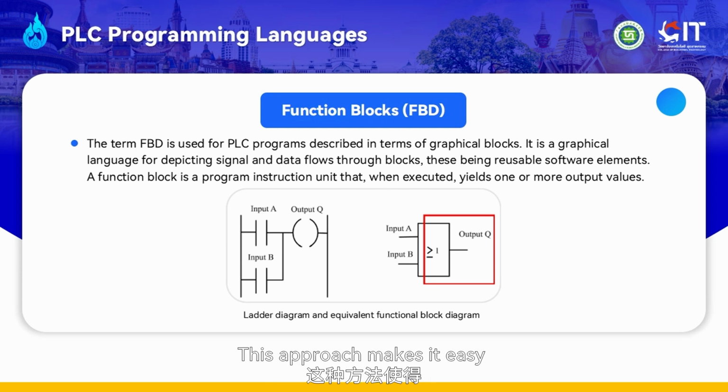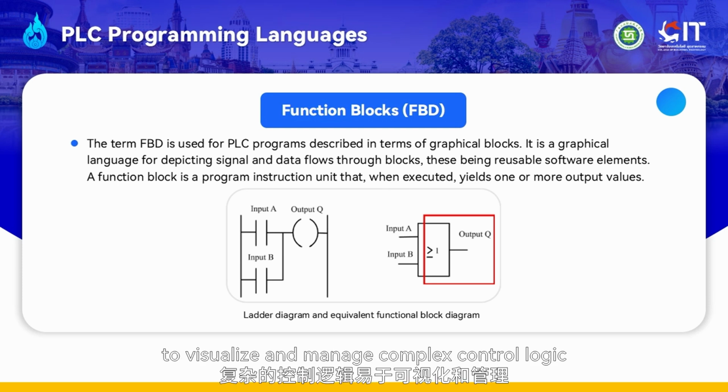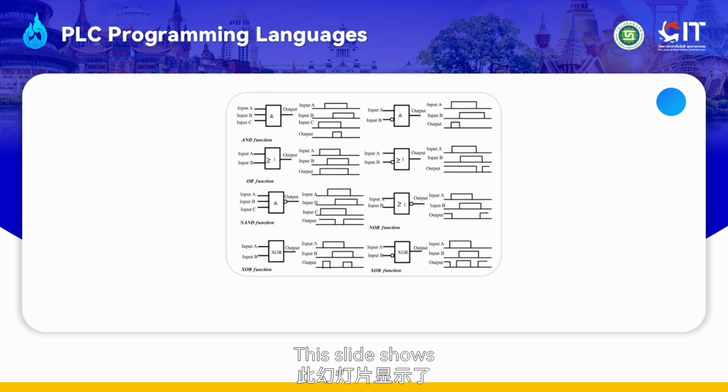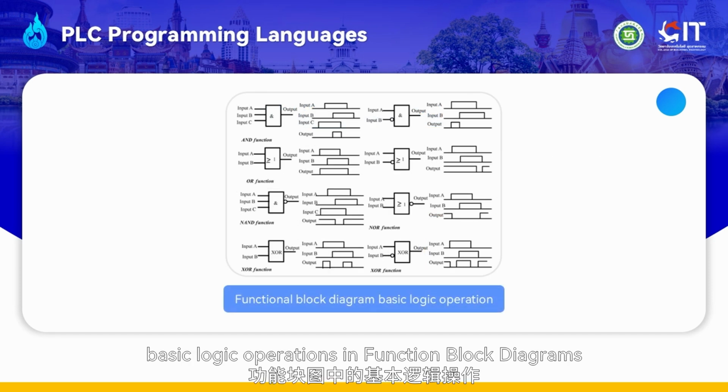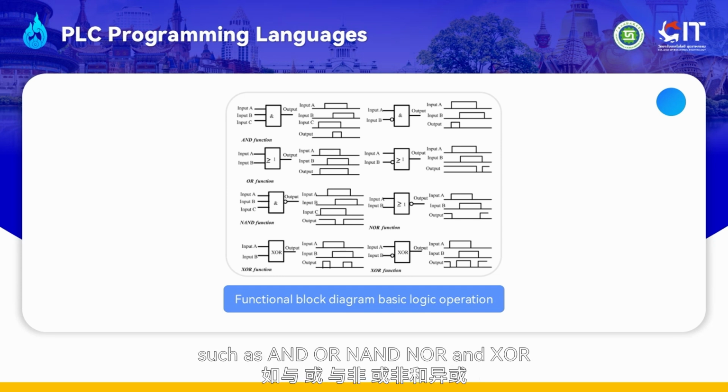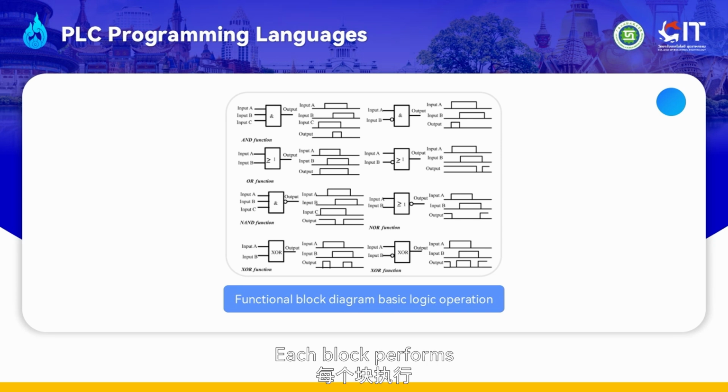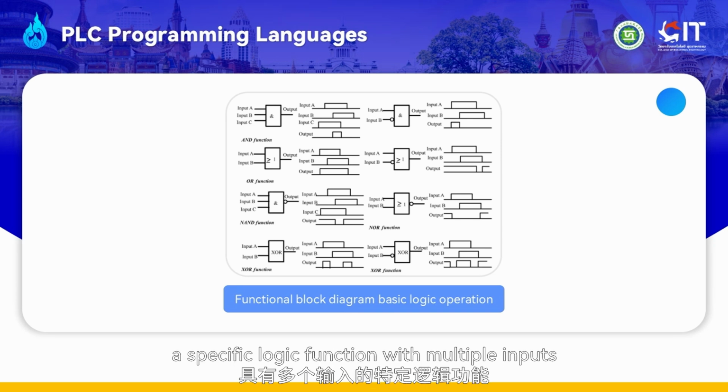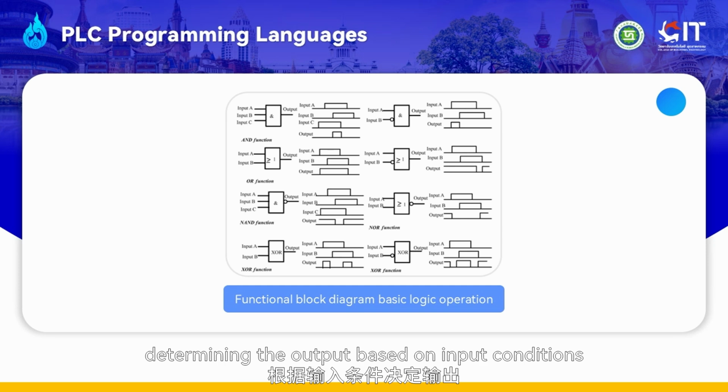This approach makes it easy to visualize and manage complex control logic. This slide shows basic logic operations in function block diagrams, such as AND, OR, NAND, NOR, and XOR. Each block performs a specific logic function with multiple inputs, determining the output based on input conditions.